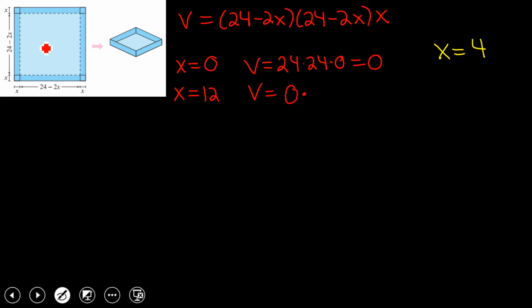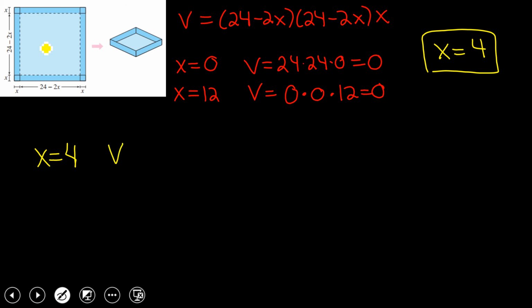So I know that x equals 4 is going to give me either a maximum or a minimum volume. It's pretty easy to see that it's going to be a maximum volume. If x equals 4, then my volume is going to equal 24 minus 8, which is 16, and then another 24 minus 8, which makes 16, and then that's 4.